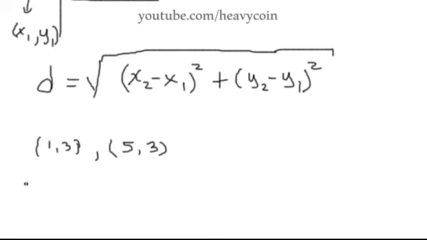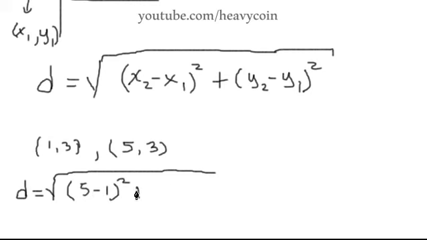Okay, so this is how it works. We got d is equal to the square root. And of course, you see I'm not drawing any pictures now. We have now grown up. We don't need pictures. So x2 minus x1, this would be 5 minus 1 squared, plus 3 minus 3.